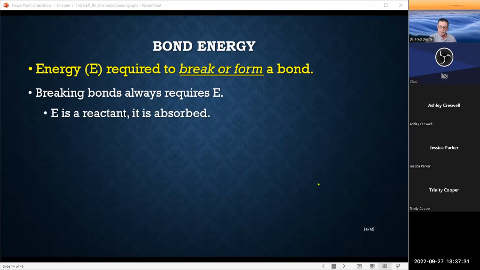And so energy in this case is considered a reactant, and it's absorbed from the environment. And that results in a type of reaction which is called endothermic. It literally gets cold, because it's taking energy from the environment into the system, and it becomes cold because that energy is being utilized to break that bond.